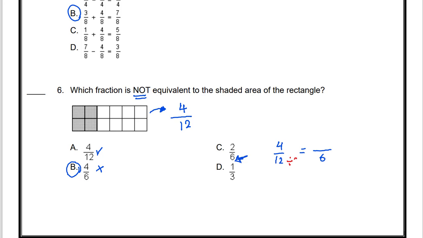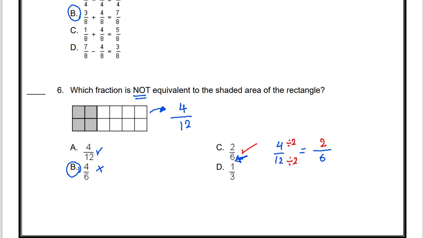No, divide by 2. 12 divided by 2 equals 6. So we need to divide by the same number in the numerator. 4 divided by 2 equals 2. So this 2 sectors is also right.